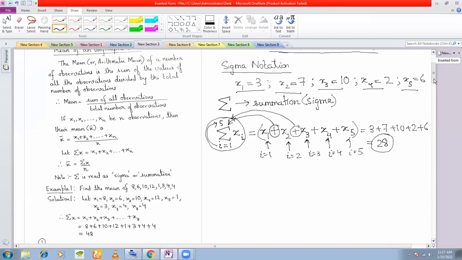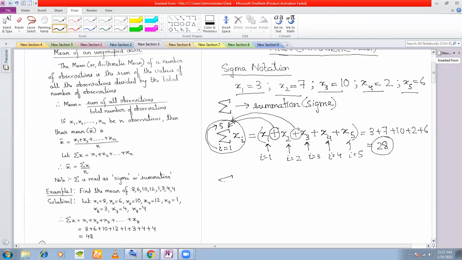Now if I write summation i is equal to 1 to 3 xi, just look above and can you tell me what does this mean? Anyone? Sir, x plus 1, x plus 2, x plus 3.